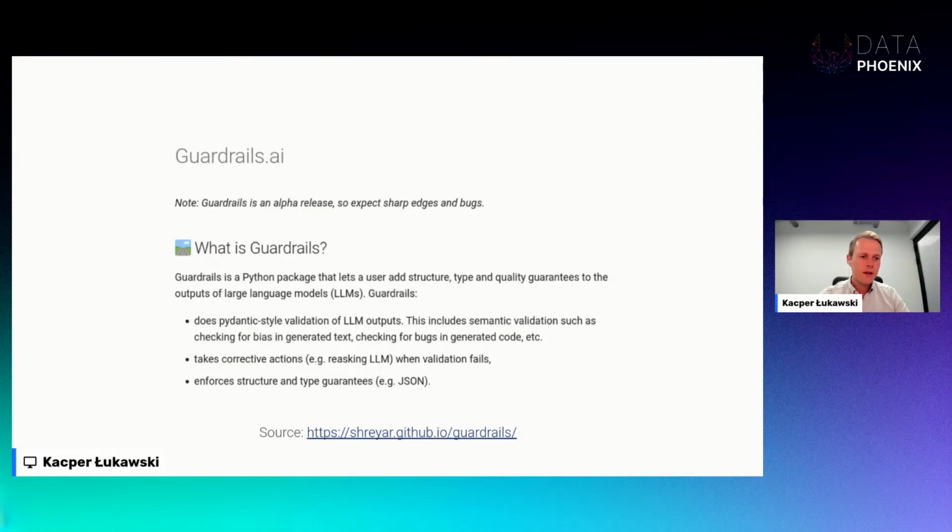This is still an alpha release, so please expect that it might not be stable yet, but it performs some sort of validation over the LLM outputs and allows you to fail and provide an explanation to your end user that we couldn't provide an answer for that specific task because some criteria were not met. This is something that we need to care about to avoid cases where LLM outputs might be simply dangerous for our users, for example.